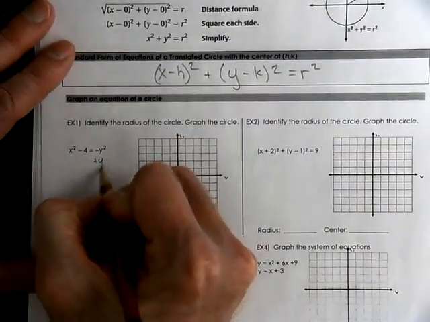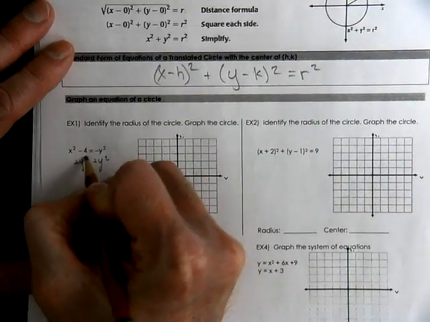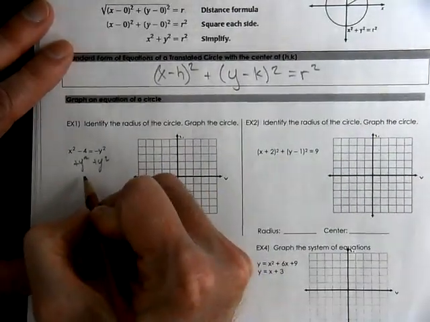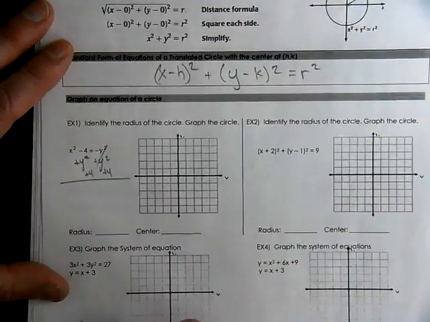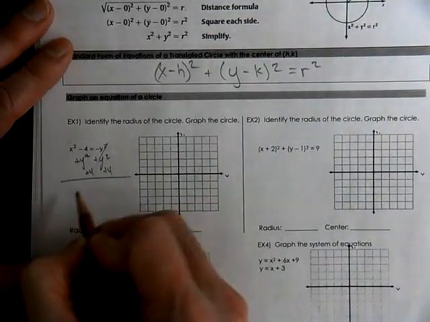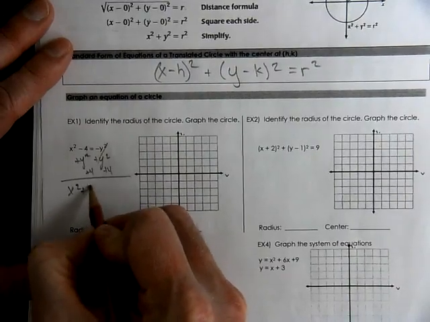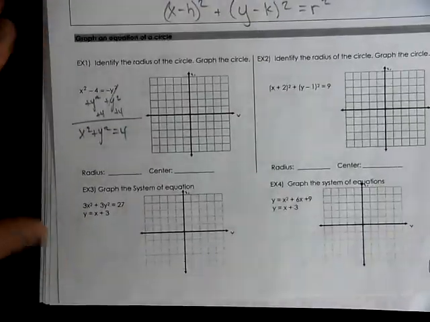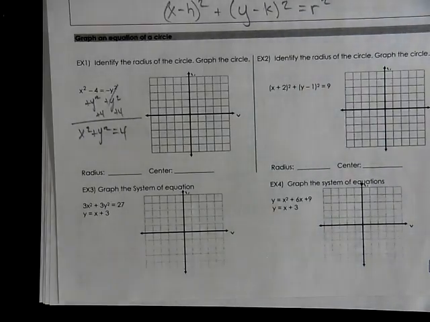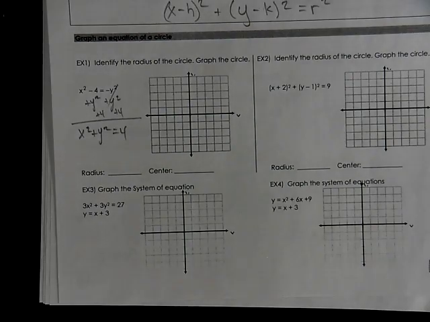So I'm going to add my y squared over to the left side. I'm going to add my 4 to the other side. So I get x squared plus y squared equals 4. So there's my equation. You could call that standard form.